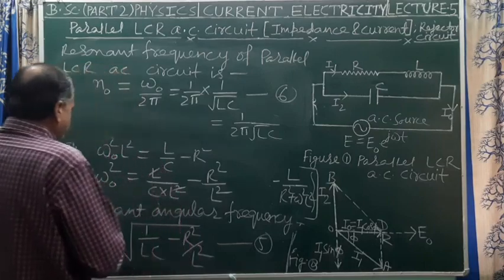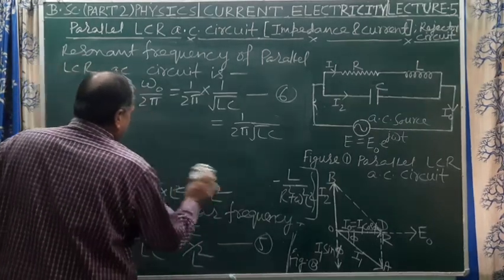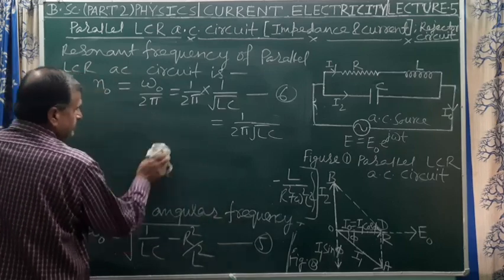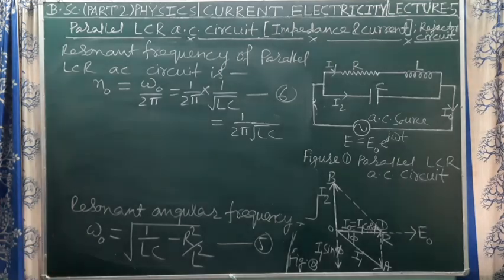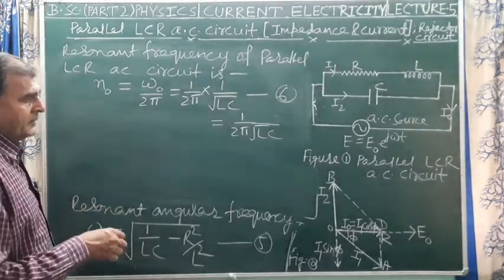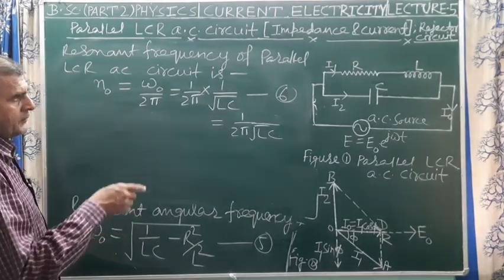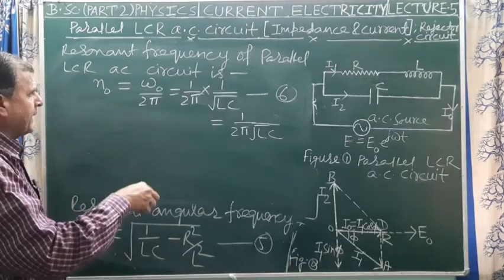Now we will obtain the expression for impedance in a parallel LCR AC circuit, and also the final expression for source current.